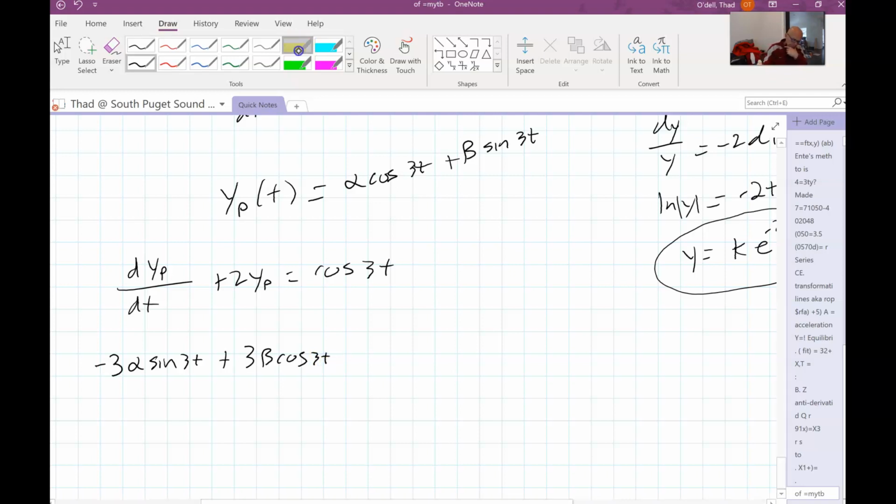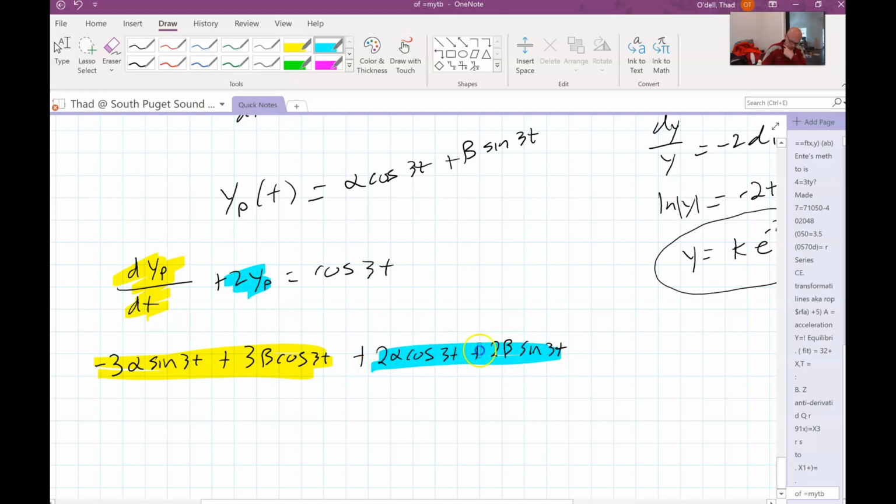So that's that part. And then plus 2 times that up there, so that'd be 2 alpha cosine 3t plus 2 beta sine 3t. And that would be that part. And finally, that would be equal to cosine 3t.